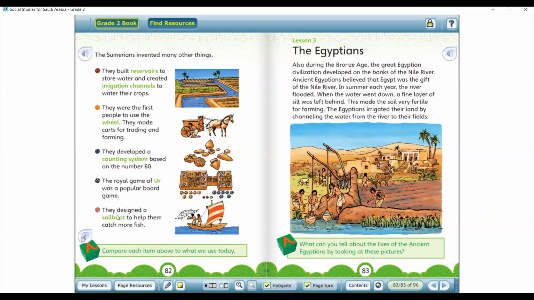Oh, here we go. They designed a sailboat. That's point number 5, they designed a sailboat to help them catch more fish. And that was the answer we found on page 82.